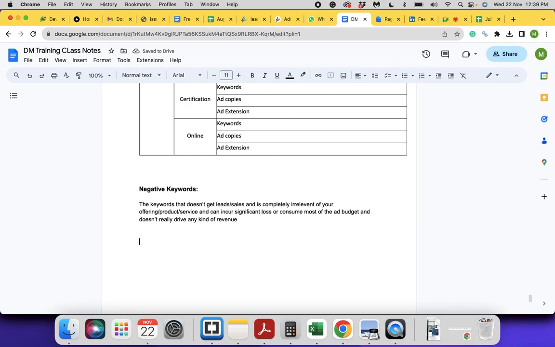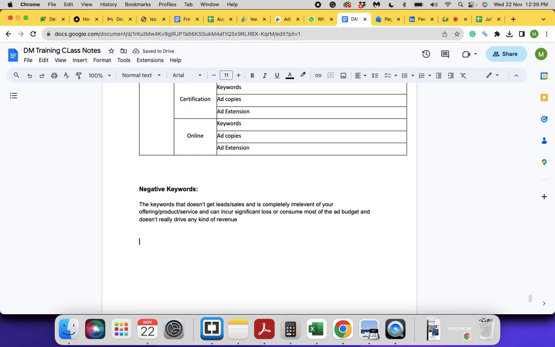Okay. So how do we find out what is a negative or non-converting keyword? Correct, how do you do it?